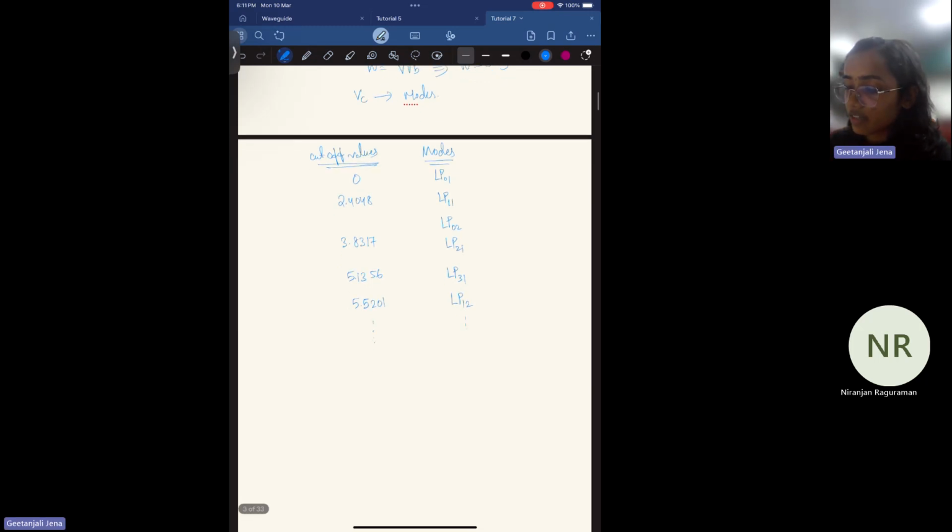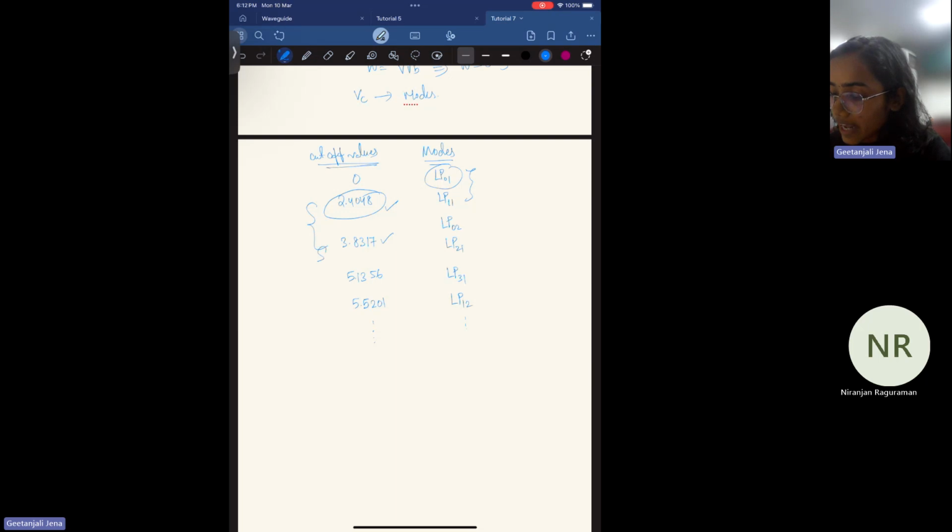So you can see when V is less than 2.4048, we'll have only single mode, which is LP01 mode. And when V lies between these two values, from 2.4048 to 3.8317, then we'll have two modes, LP01 and LP11.